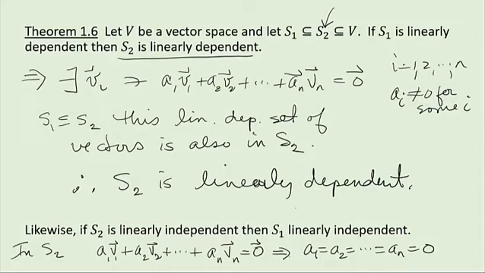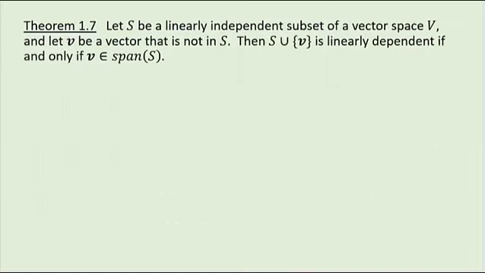Then certainly if we pick any subset of vectors in S1, this is also a set of vectors in S2. So if we pick these vectors in S1, the linear combination equal to 0 has only the trivial solution because those vectors are also in S2.